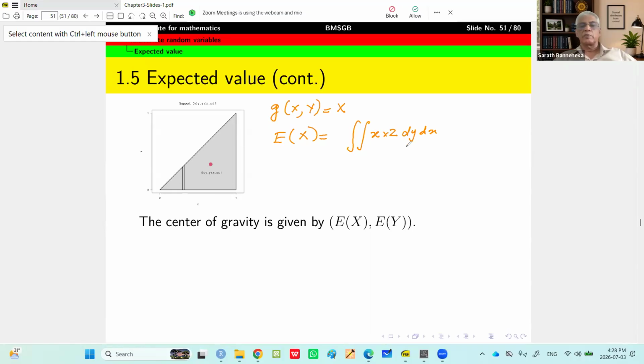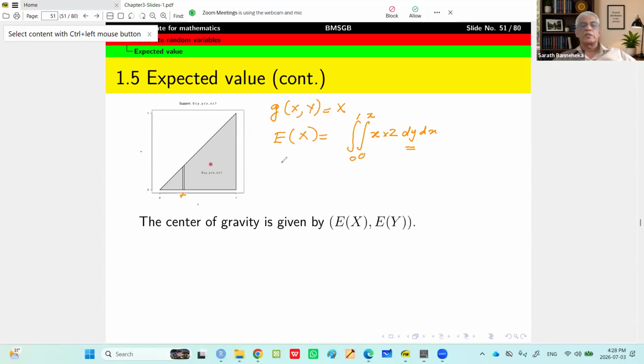Because I'm integrating with respect to y first, y values will go from 0 to, for a particular x value here, y equal to x. So y goes from 0 to x, and then x will go from 0 to 1. That will be the expected value of X.